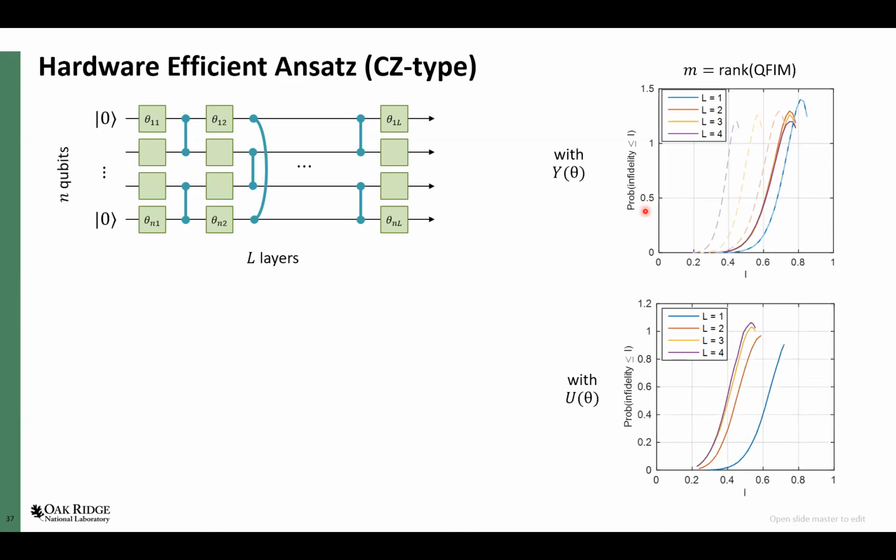Then I looked at, well, let's suppose we replace these Y rotations with arbitrary 1 qubit unitaries. Does that increase the expressiveness? It does a little bit, but again, not very much. We find that after a few layers, it saturates and you really don't reach much more of the Hilbert space. So the tentative results here are that this structure of circuit is actually not very expressive.